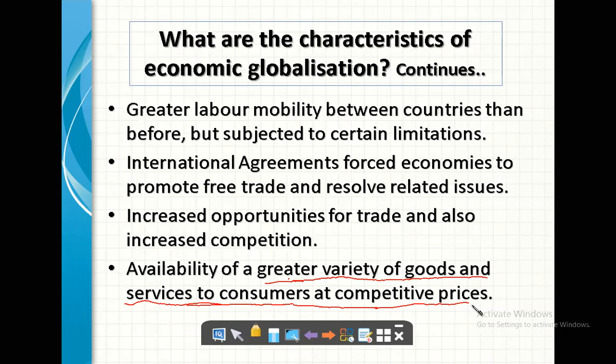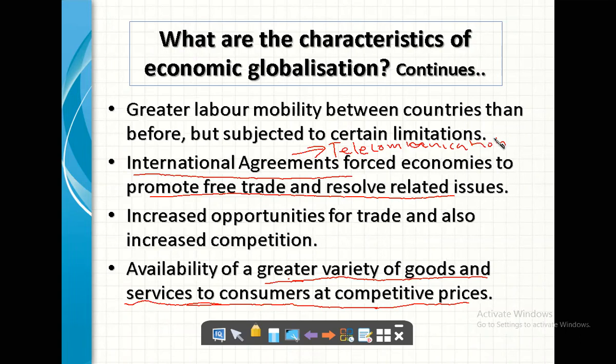Increased opportunities for trade and also increased competition, and international agreements forced economies to promote free trade and resolve related issues. So in this one, remember, I discussed with you in our previous lesson on trade and agreement, I used telecommunication as an example, on our international calls going in and out of Papua New Guinea.